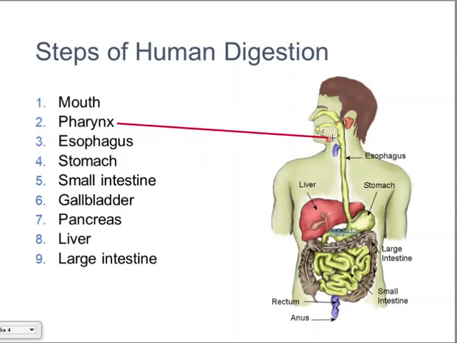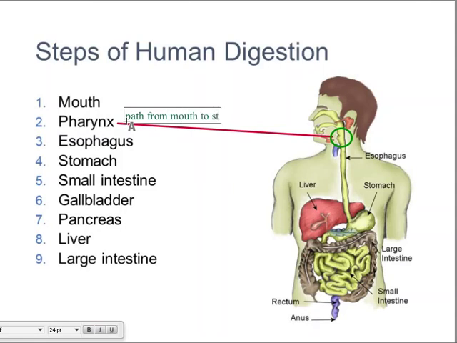But the pharynx is not necessarily obvious to those people who haven't taken anatomy. We're going to be comparing the pharynx with the pharynx of the planaria, of the flatworm, so it's important that I point this out to you. But the pharynx and the mouth are very close together. The pharynx, for those of you who are studying for the test, is the path from the mouth to the stomach.